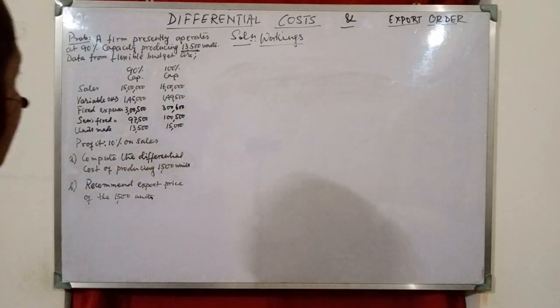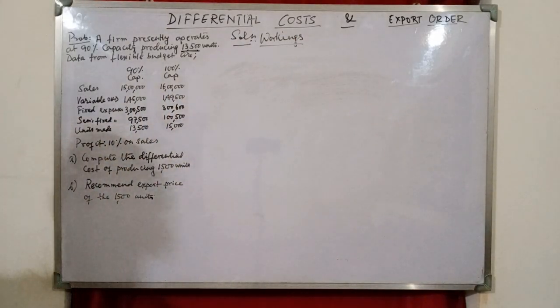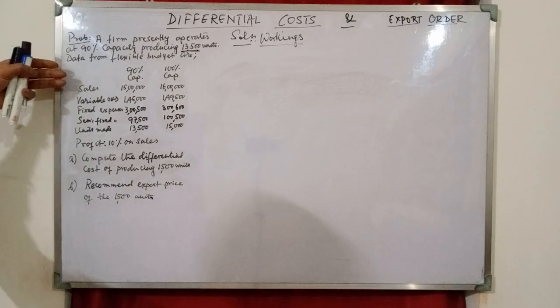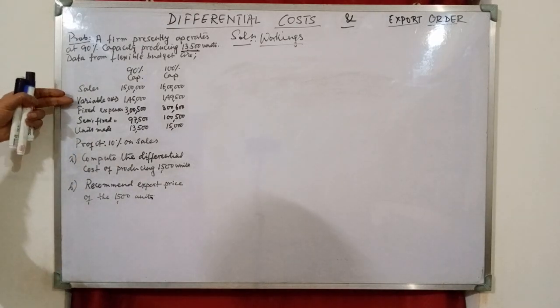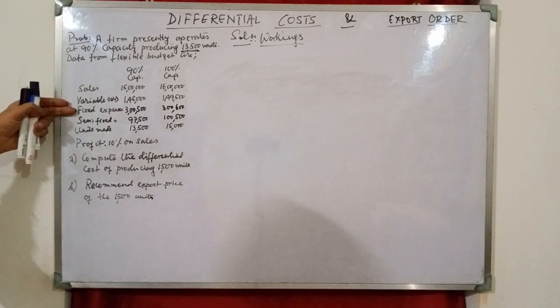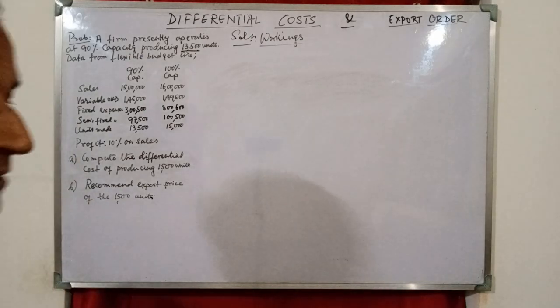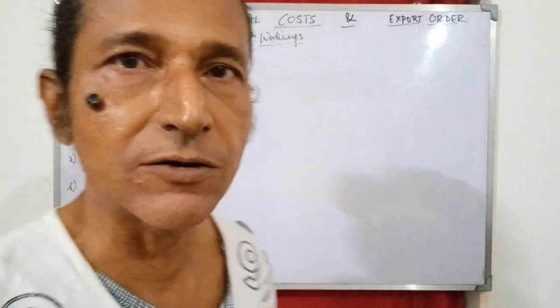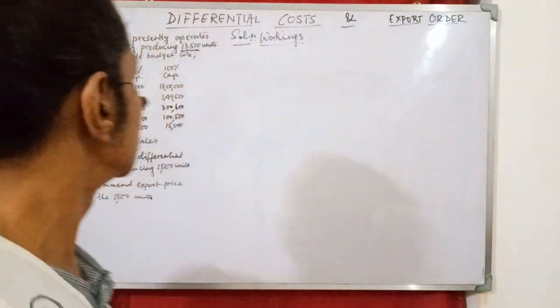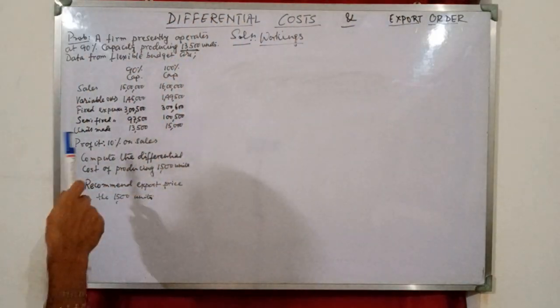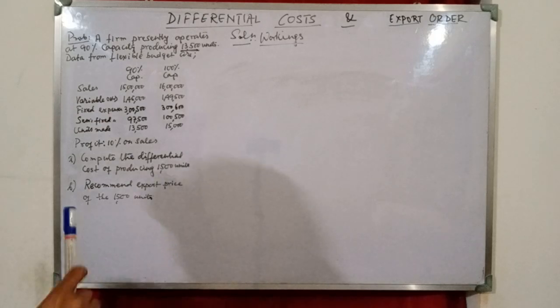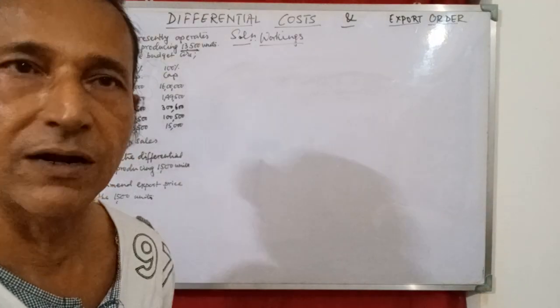You see, here the data given are for sales, variable overhead, fixed expenses, semi-fixed expenses and units made. Nothing is said about material and labor cost. I mean, the material and labor cost are not mentioned in the data. We have to find out that.